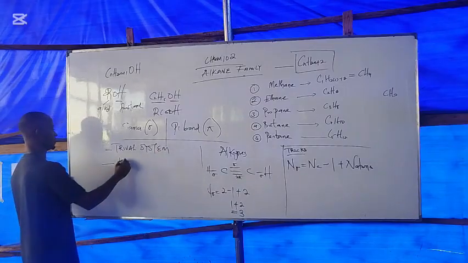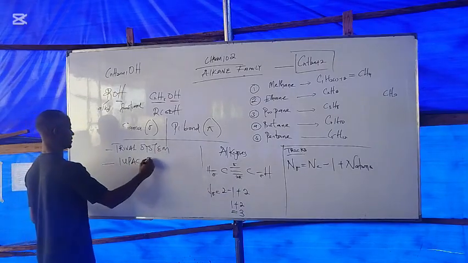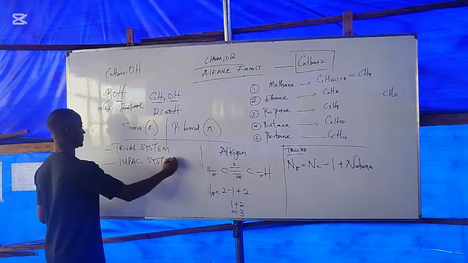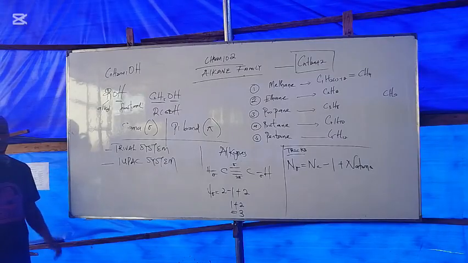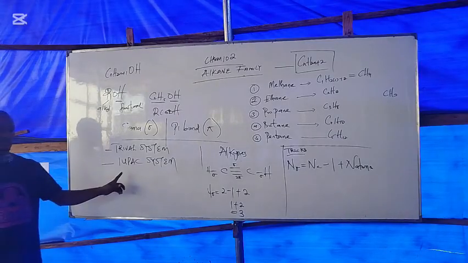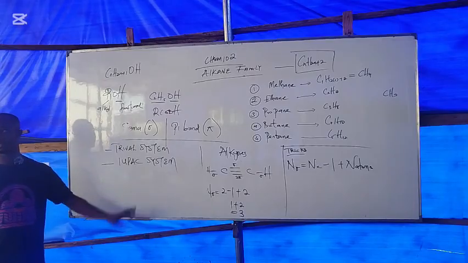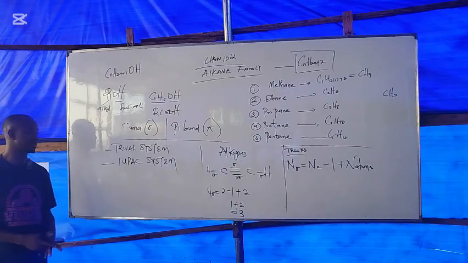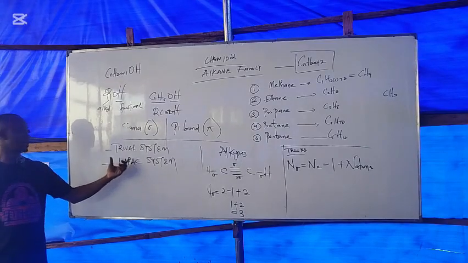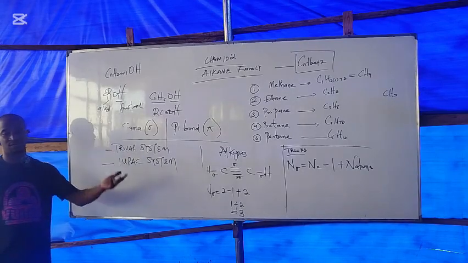Number 2, the IUPAC system. The word IUPAC means International Union of Pure and Applied Chemistry, right? But the most acceptable system is the IUPAC. The tribal system is like the common name of the compound.